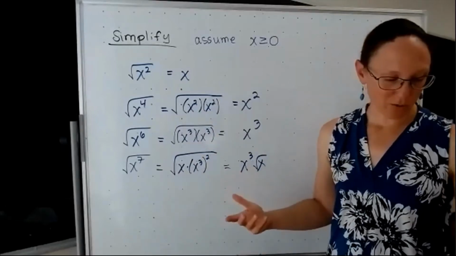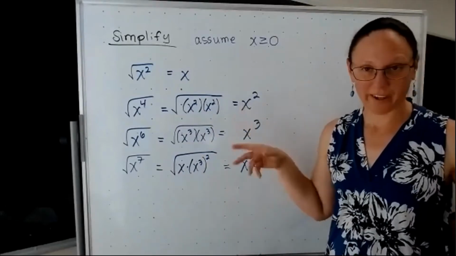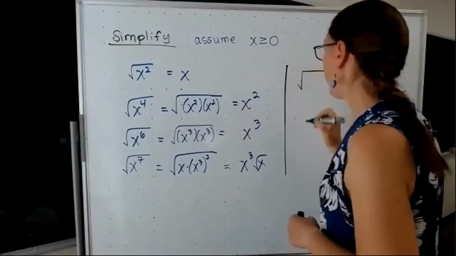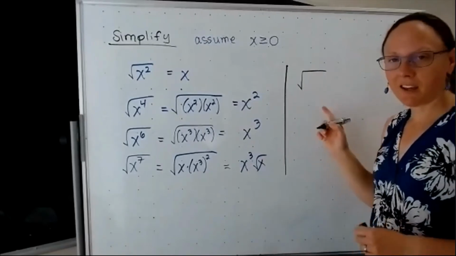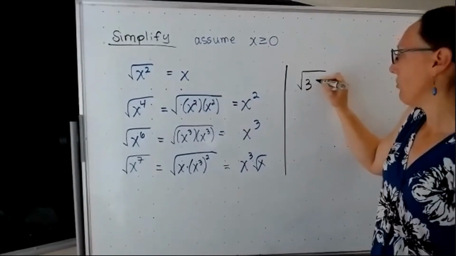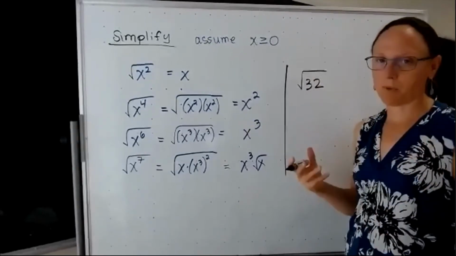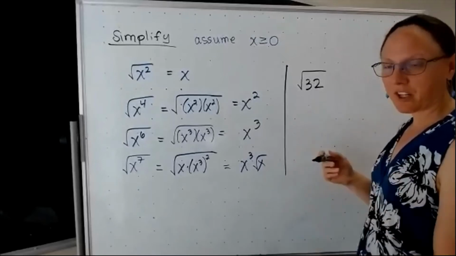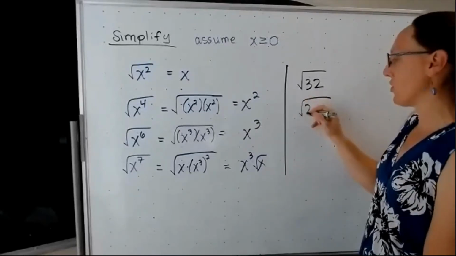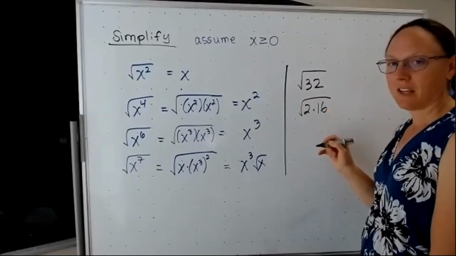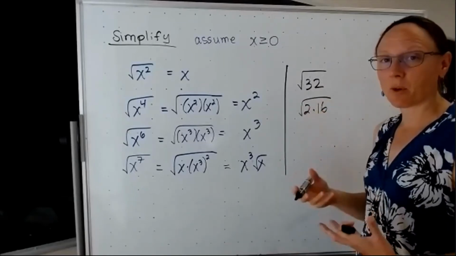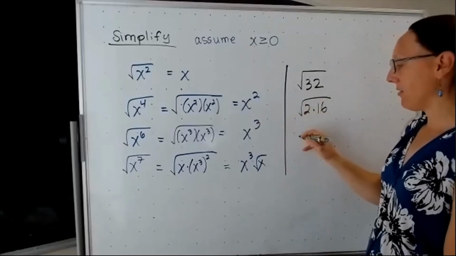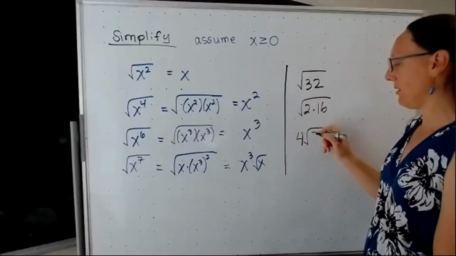By the way, you might remember doing this kind of weirdness with numbers, like if I needed to take the square root of 32 and somehow simplify that. Sometimes what we would do is break that 32 down and say that that's 2 times 16. And then because 16 is a perfect square, that 16 can escape the radical, but it pops out as a 4.